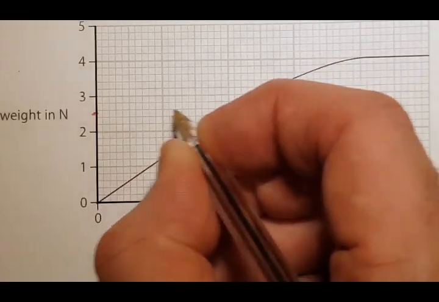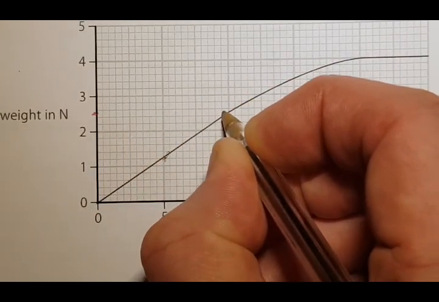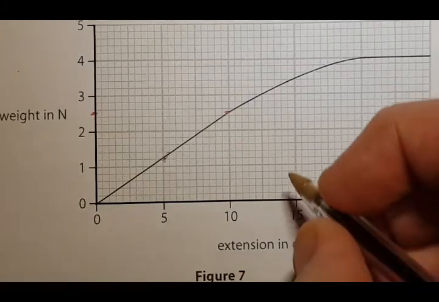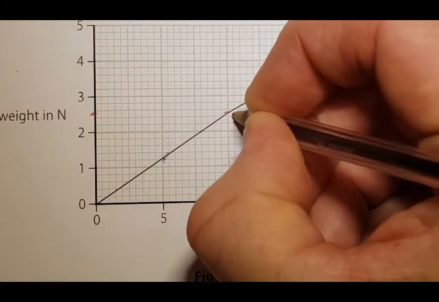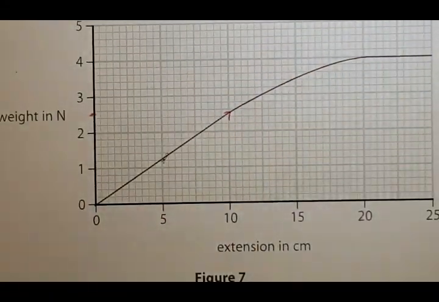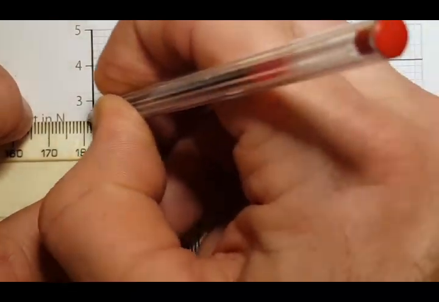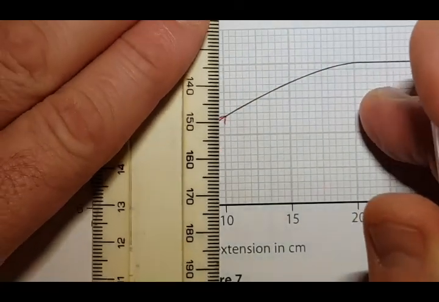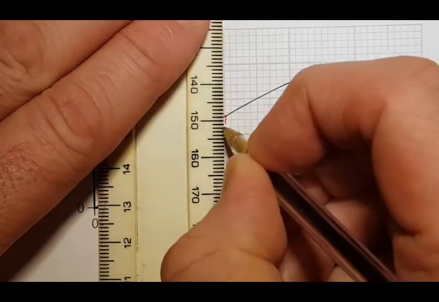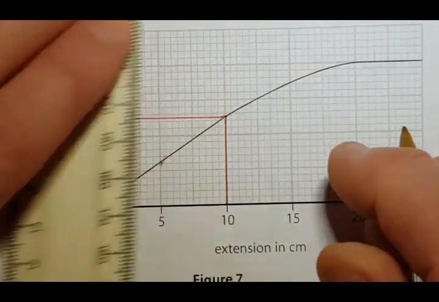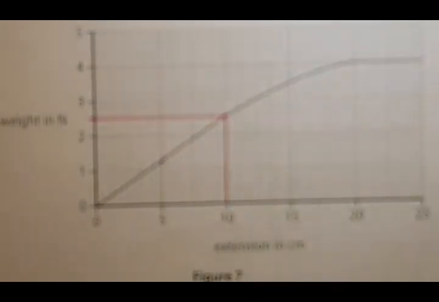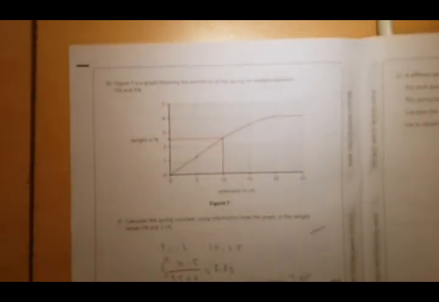So if I go along, I'll hit a point here, and I should draw that with a ruler. I'll hit an extension of 10 centimeters. So I've drawn that on the graph. It's important to draw it on the graph.